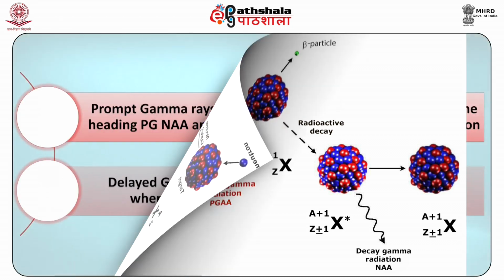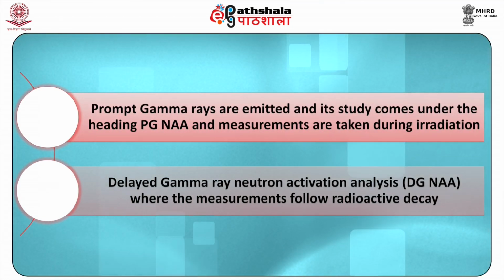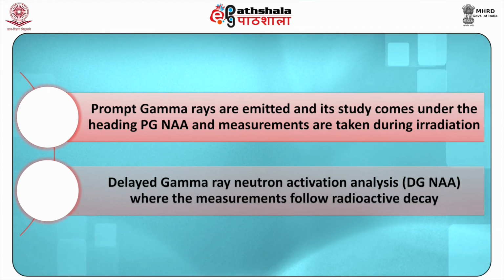It may be noted that prompt gamma rays are emitted and its study comes under the heading PGNAA, where measurements are taken during irradiation. The other is delayed gamma ray neutron activation analysis, DGNAA, where the measurements follow radioactive decay.